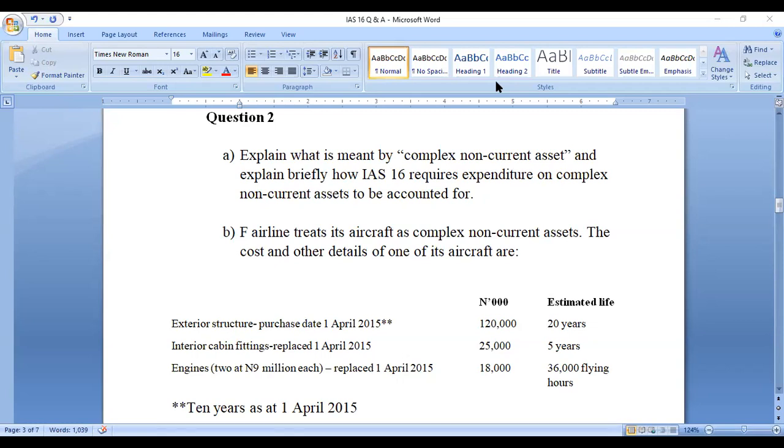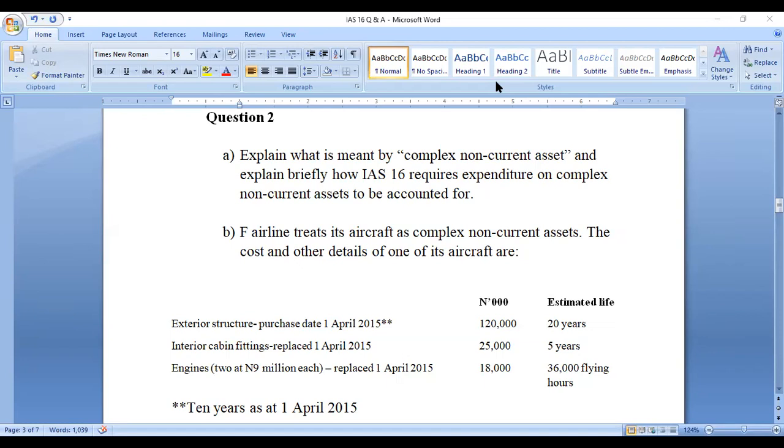My understanding of complex non-current assets is that another term for it is separate component assets. A typical example is the illustration in the pack or in the video that was sent to us, where it is basically an asset which is made up of other significant assets.